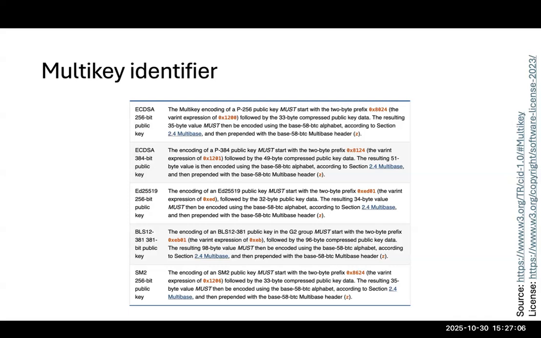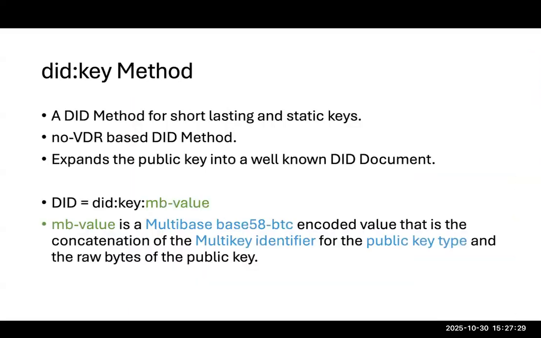The resulting 34-byte value is then encoded using the base58-btc alphabet, and then you put in front the header Z. So essentially, we are encoding the public key directly into the DID.